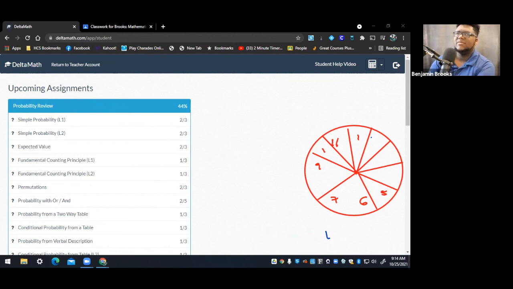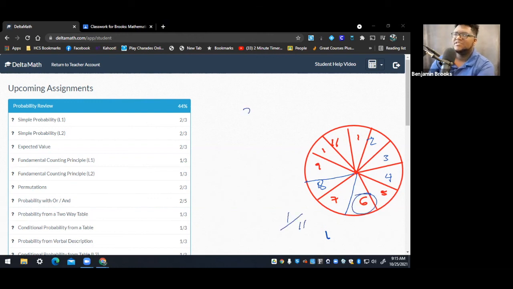If I said it's a multiple of 3 and a multiple of 2, then I'd have to only look at those that are both multiples of 3 and 2. There's only one number that fits that description. Which one is it? 6 is it. So it'd actually be 1 out of 11.